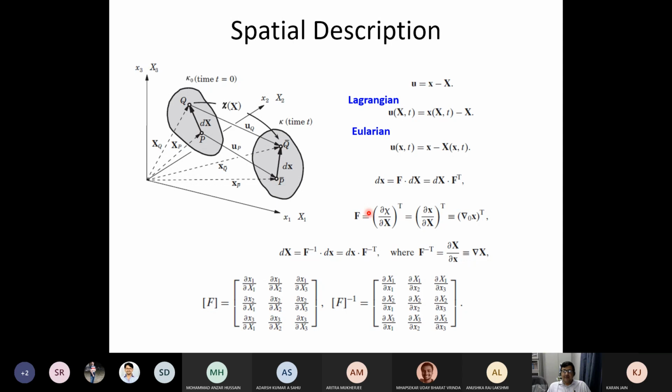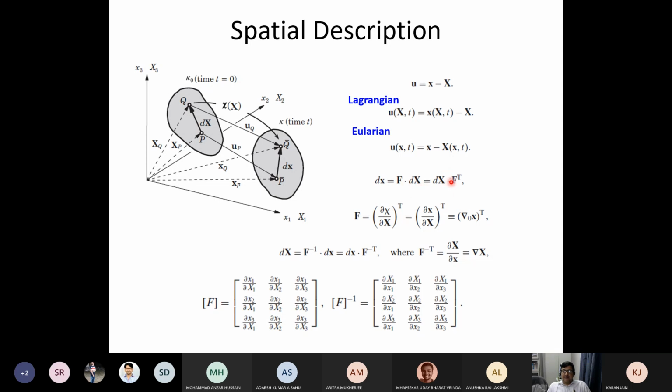From there, we define the deformation tensor F, which is basically a transformation matrix. If you want to convert anything related to capital dX, that is F dot capital dX. If you take a dot product of the matrix F with capital dX, you are going to get small dx. So this F is called the deformation tensor.